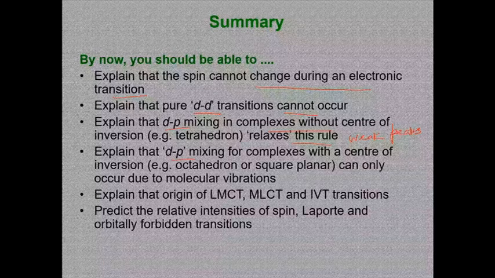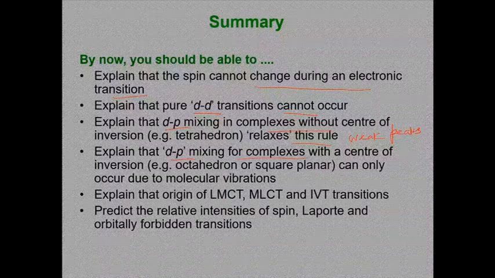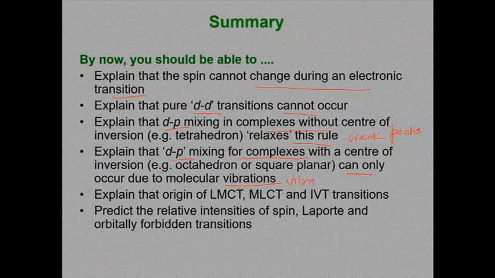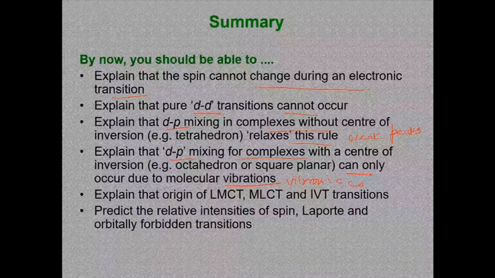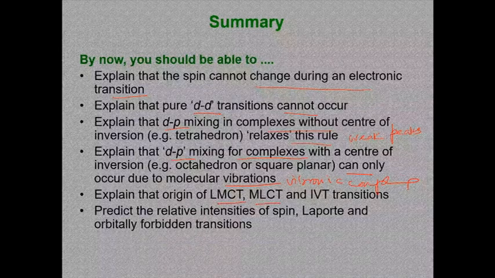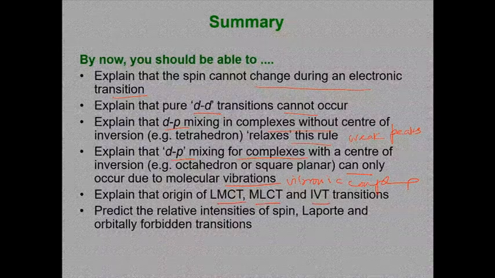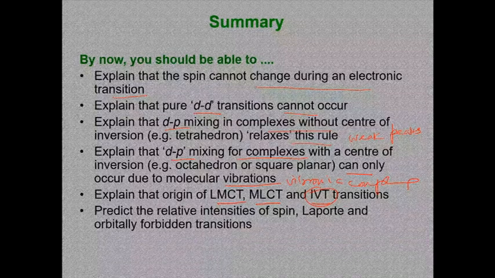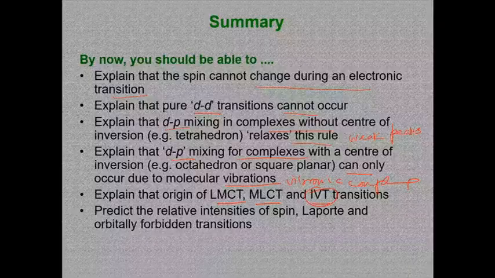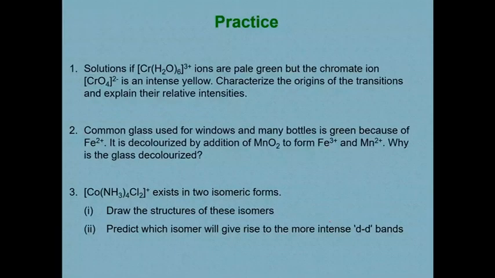Explain that d-p mixing for complexes with a center of inversion can only occur due to molecular vibration. You also call this vibronic coupling. Explain the origin of MLCT, LMCT, and the intervalence transition, which I have not discussed and is very rare. Predict the relative intensity of the spin, Laporte and orbitally forbidden transitions.